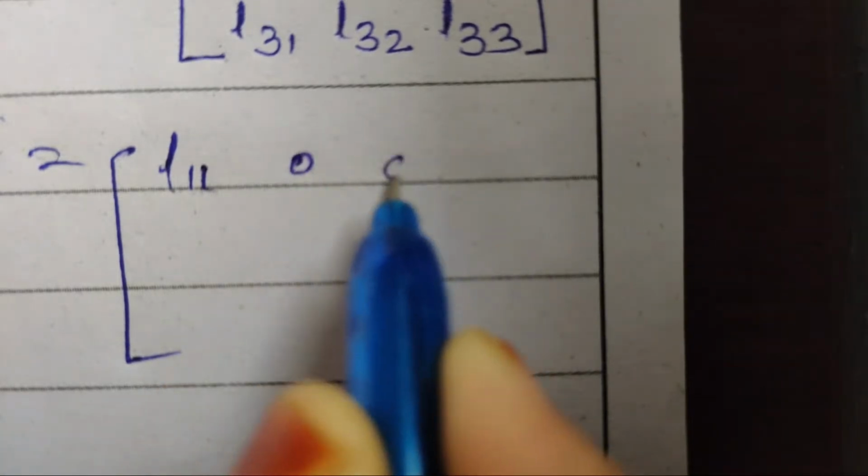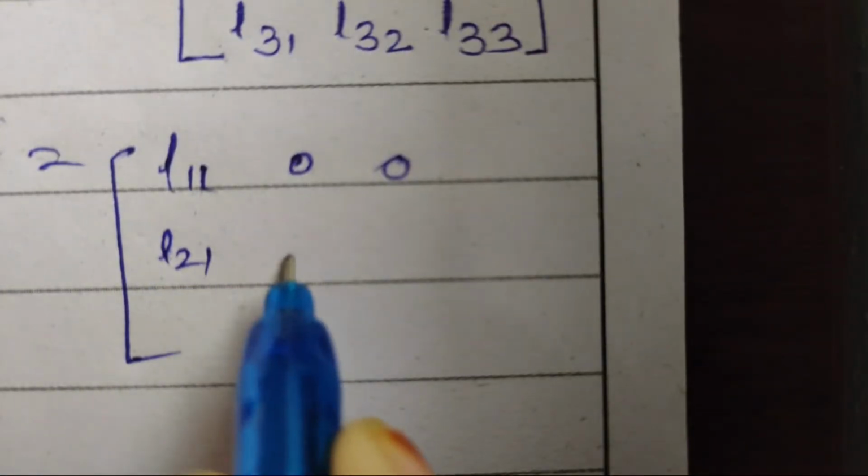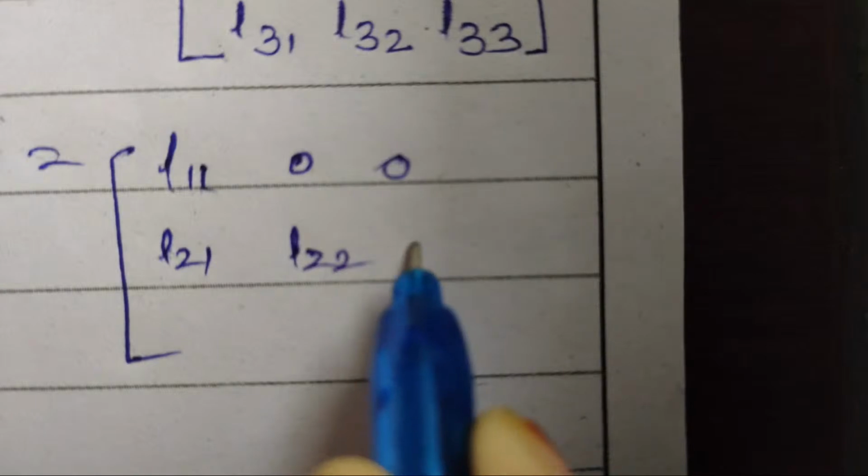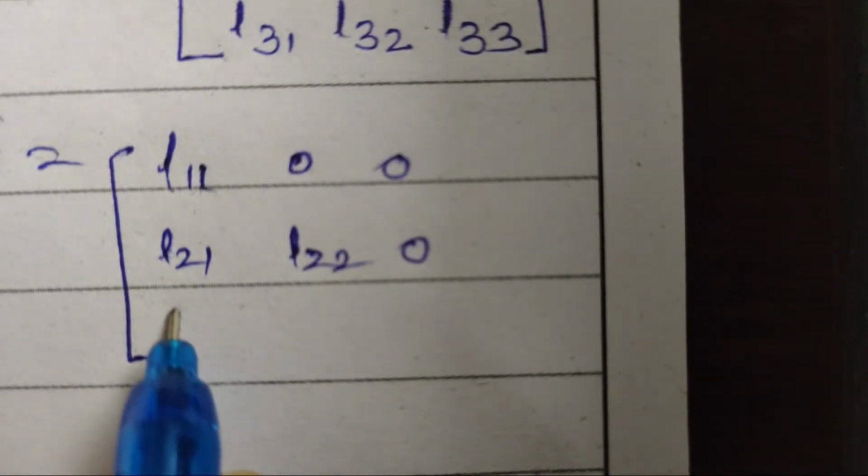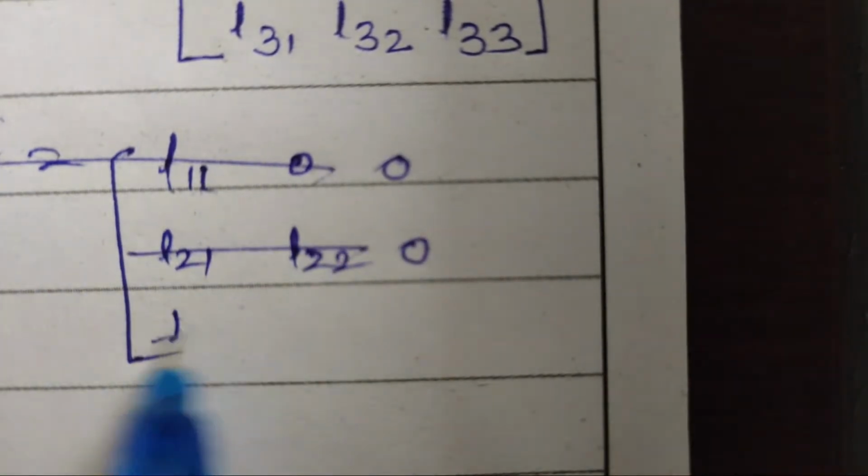L11, 0, 0, L21, L22, 0. Sorry, you have to do the transpose, so I'm writing it again in the same matrix.